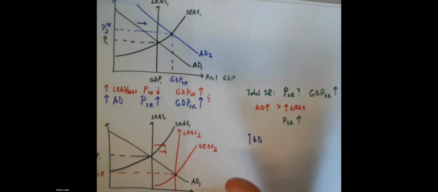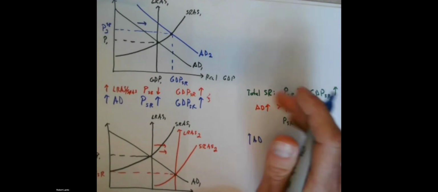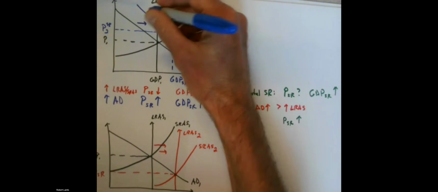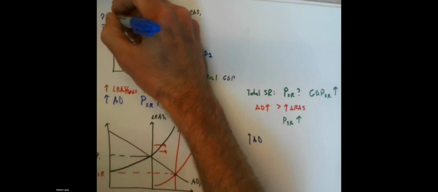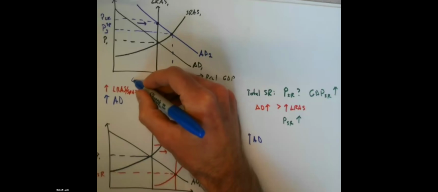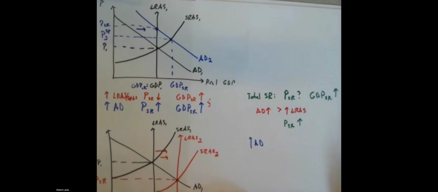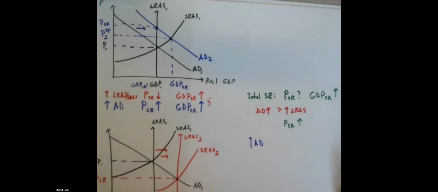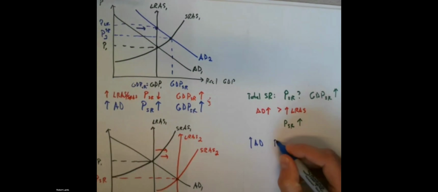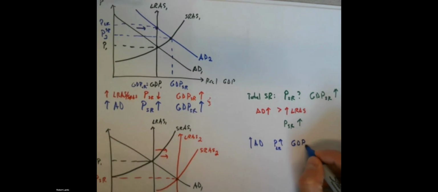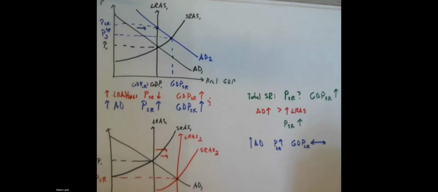Well, if that was the only thing that changed, our long run equilibrium is actually going to be up here. And notice our long run GDP, because we haven't had a shift in long run aggregate supply, it's not going to change at all. So we know that this is going to drive prices in the long run up, but it's not going to have any impact on our long run GDP.